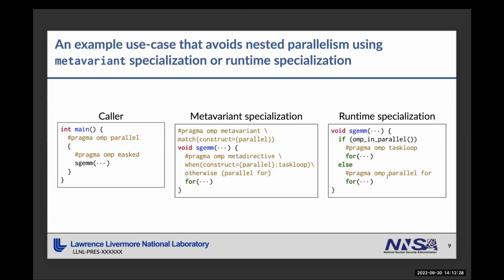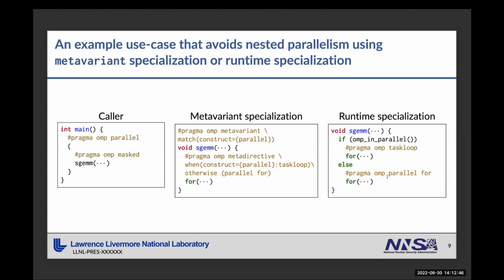So the first example was avoiding nested parallelism using meta variant specialization or runtime specialization. The meta variant generates SGEM. If you're under parallel, use task loop. If you're not under parallel, it generates a parallel 4.